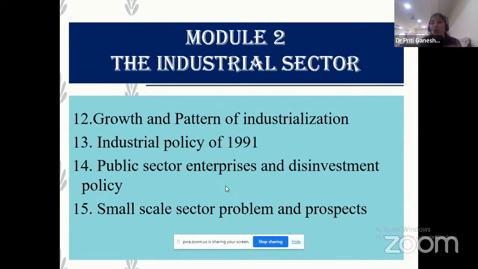When the question is from industry, you take a common introduction for the entire module: when our industrialization started, what was the main economic policy, when it was introduced, who introduced it, and what are the main features of our industry. The introduction should be 3 to 4 lines.